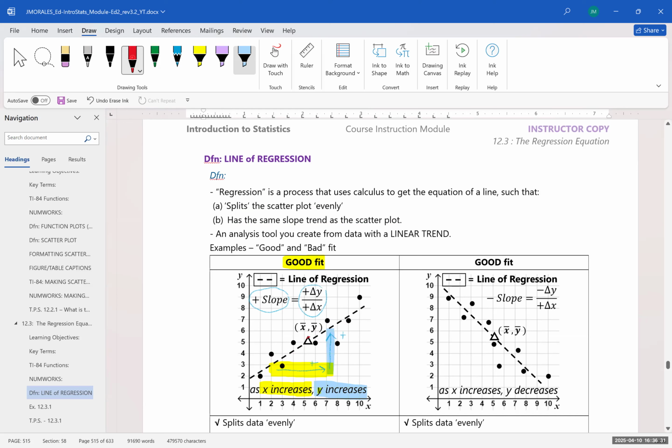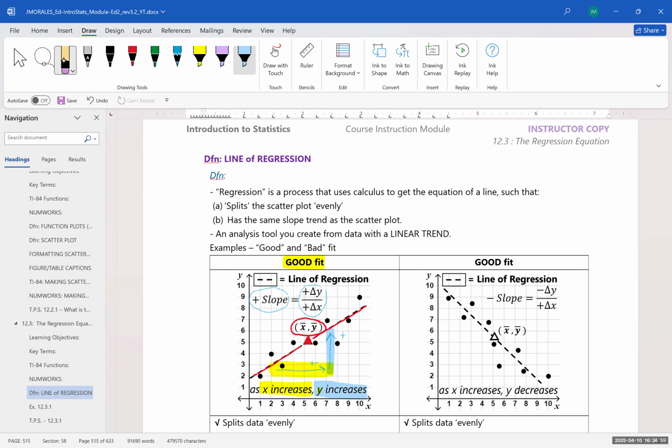And that's this triangle right here in the middle. What you'll notice is that this line of regression goes through that calculated point. And it turns out that any line of regression that you draw through a scatter plot is going to go through this calculated point.